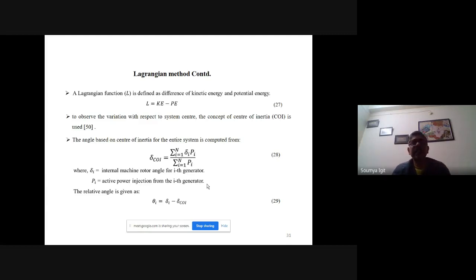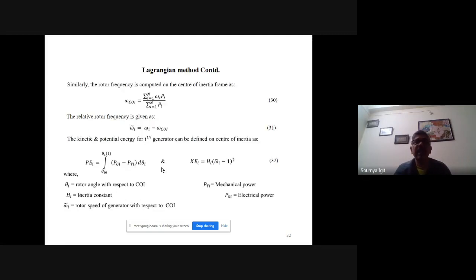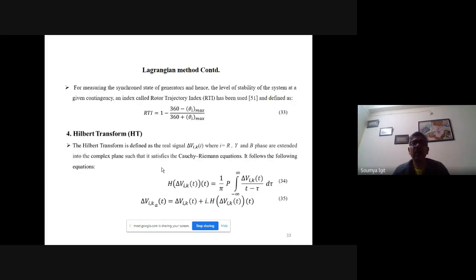The angle-based criteria is computed and the Lagrangian function is computed for the same, and correspondingly the relative angle, that means with respect to the total center of inertia that you compute for the integrated power network, where you have taken a lot of generators, with the complexity of the network that prevails. So correspondingly, you get the relative angle, and you get the potential energy and the kinetic energy respectively by incorporation of the Lagrangian functions.